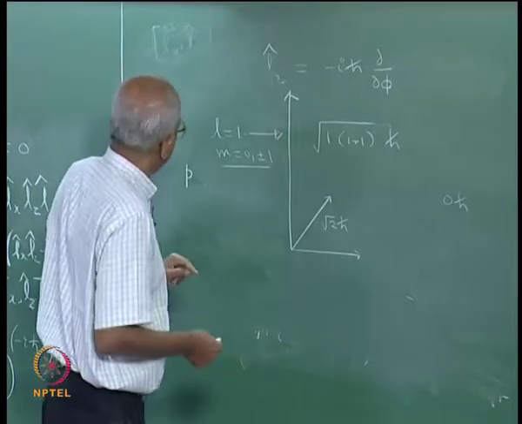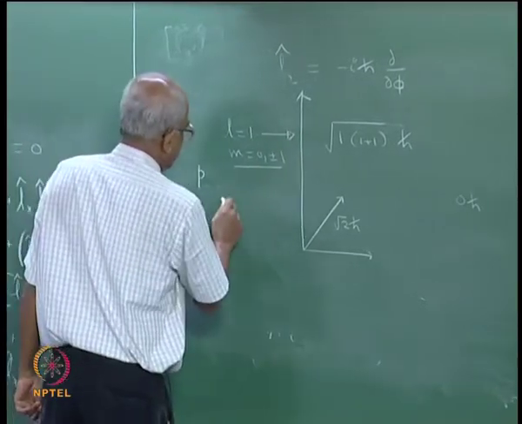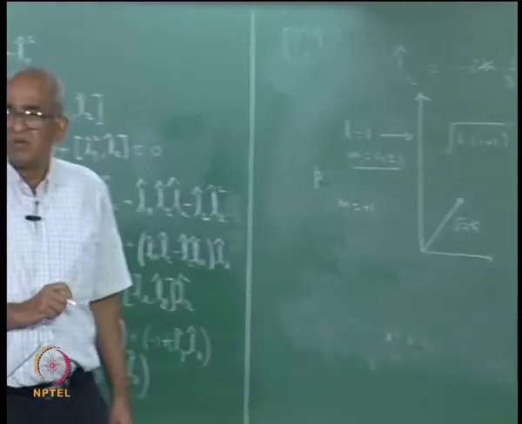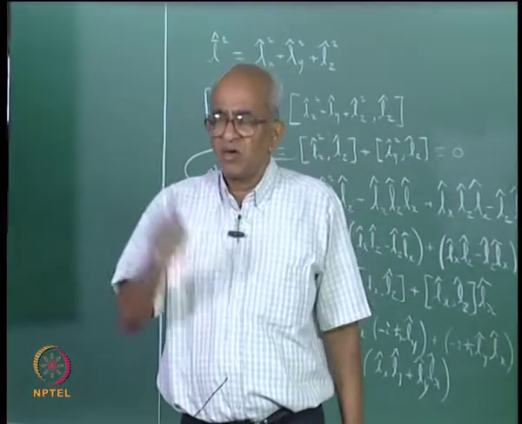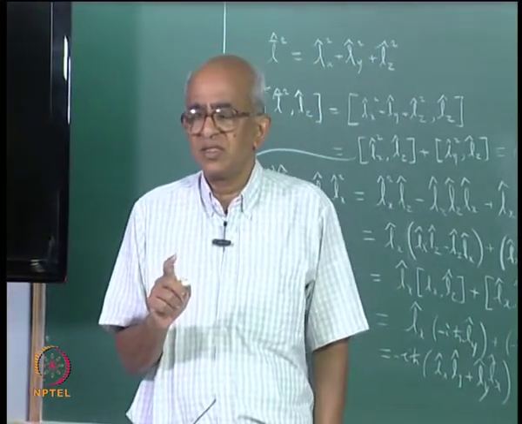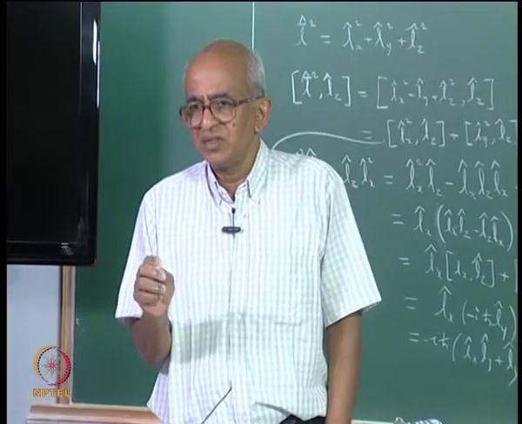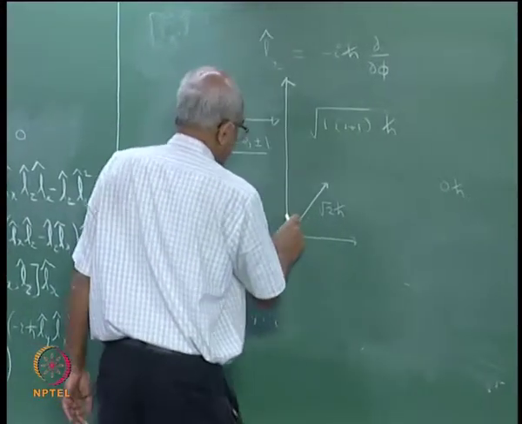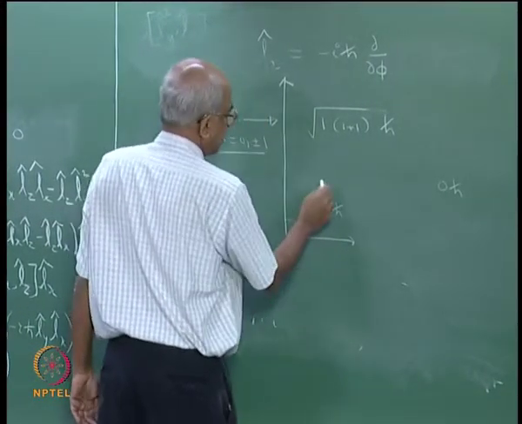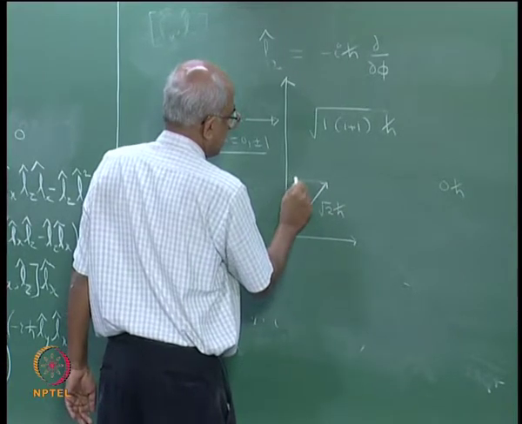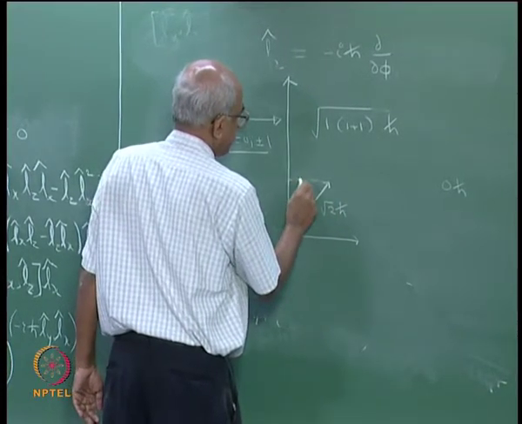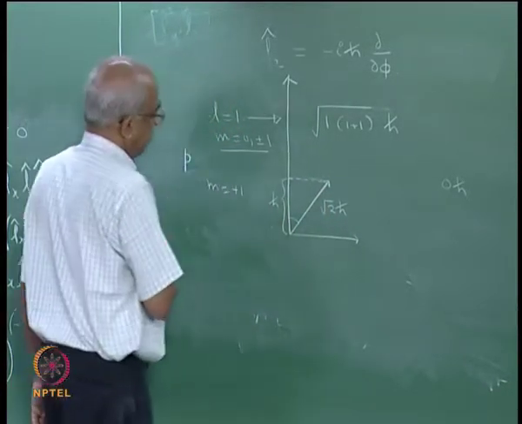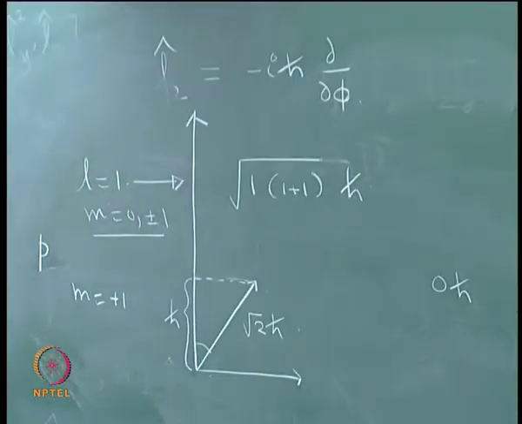What are the other possibilities? M is equal to plus 1 means that the angular momentum vector is oriented in such a fashion that its z component is plus h cross. So, what does that mean? It just means that this angle is such that the projection of this vector on the z axis is equal to h cross, correct.